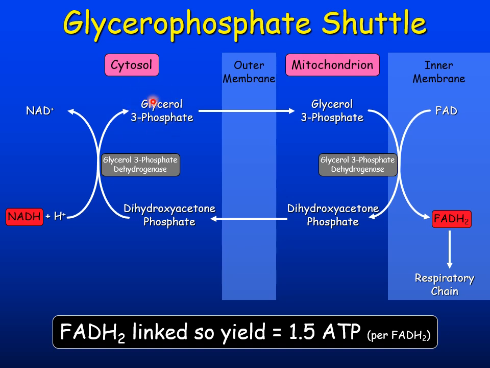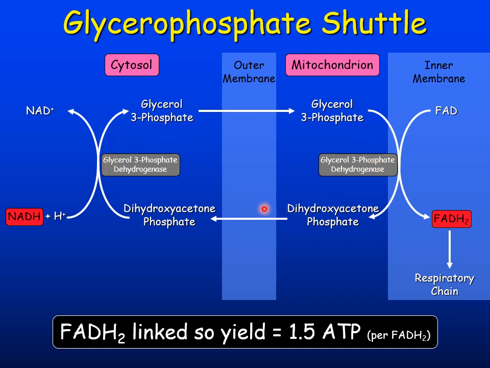Glycerol 3-phosphate can then permeate into the mitochondrion via a transporter, and then this same enzyme, glycerol 3-phosphate dehydrogenase, catalyses the reverse reaction, transferring the electrons onto FAD, producing FADH2, and recycling dihydroxyacetone phosphate so that it can pass back out of the mitochondrion, ready to do another lap of this cycle.